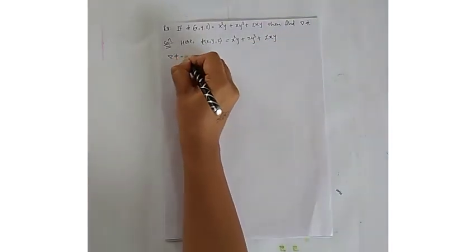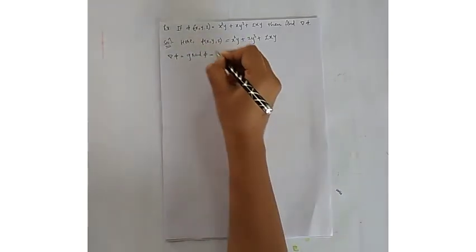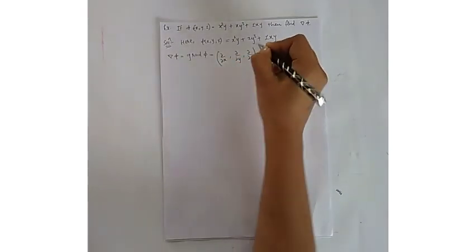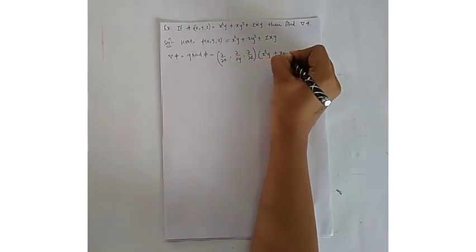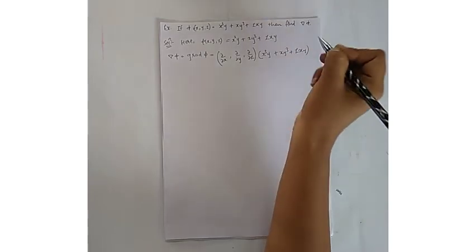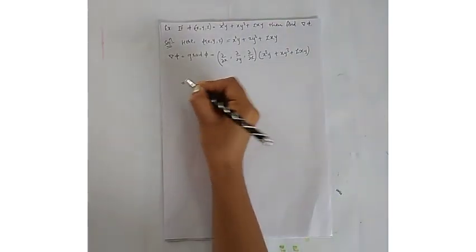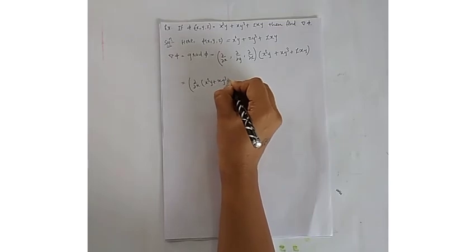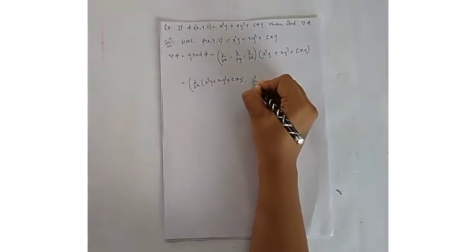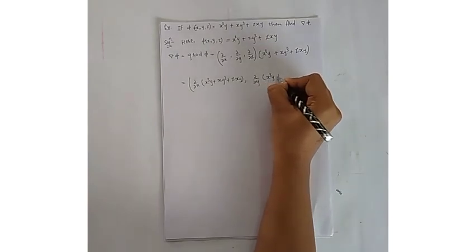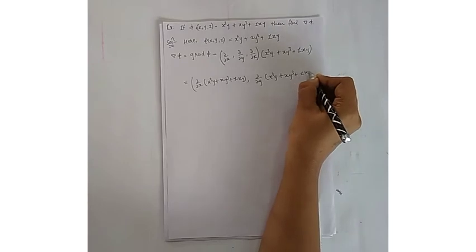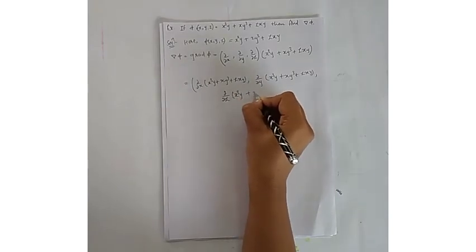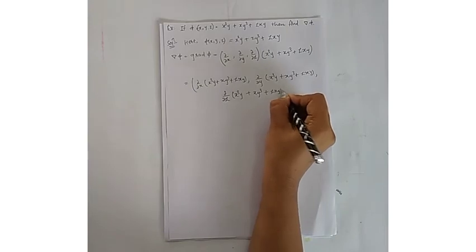So the gradient of phi is the operator del by del x, del by del y, del by del z of the function x cube y plus x y cube plus z x y. Operating on this function gives del by del x of x cube y plus x y cube plus z x y. The next component is del by del y of x cube y plus x y cube plus z x y. And the third component is del by del z of x cube y plus x y cube plus z x y.